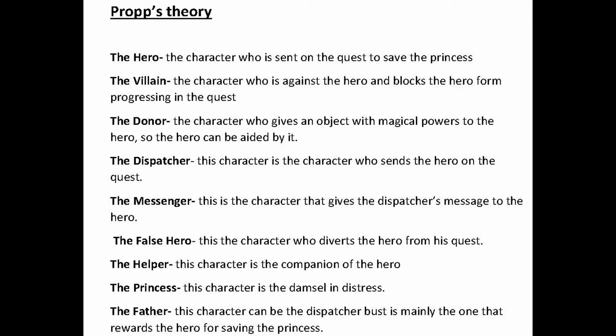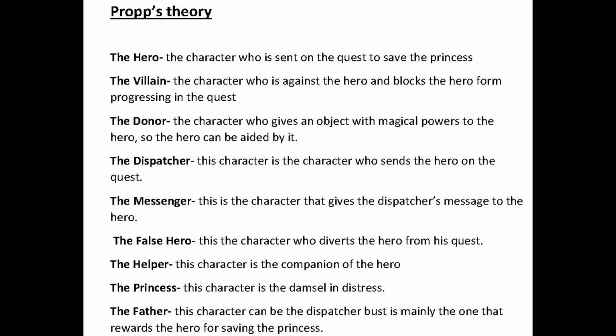In The Woman in Black, it's to do with this guy who has a job. He's a lawyer basically, and his boss sends him to do some stuff. We'll go into The Woman in Black later on. But anyway, that's what the dispatcher is.